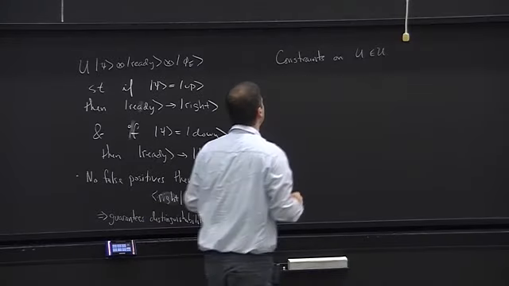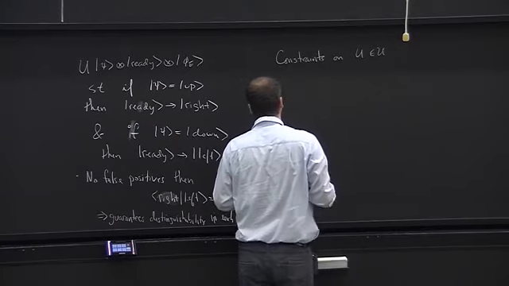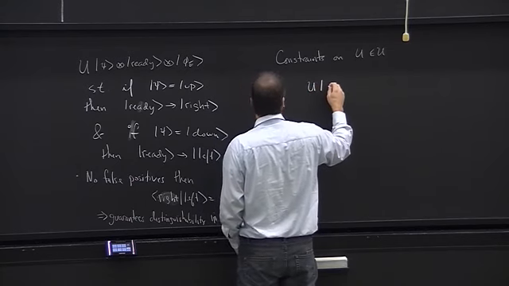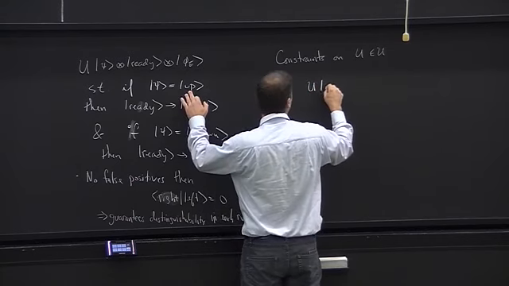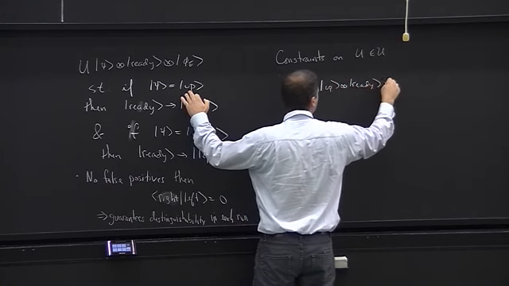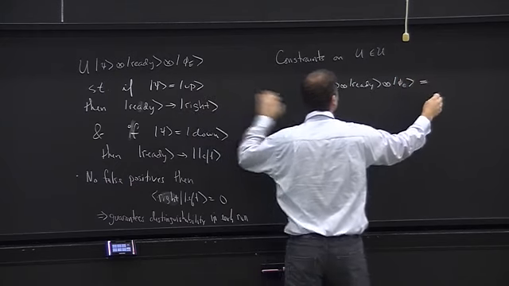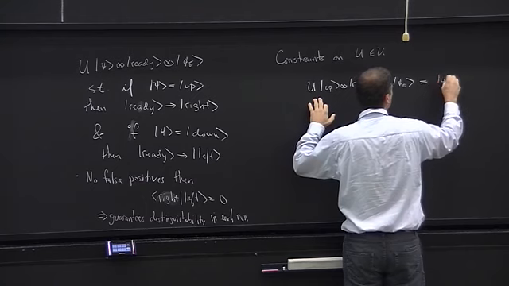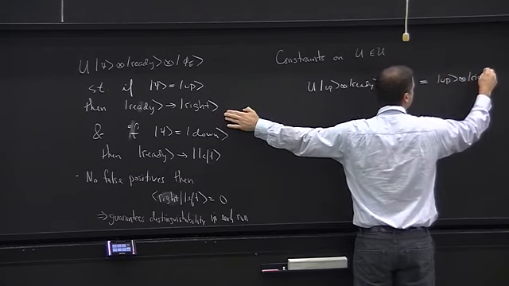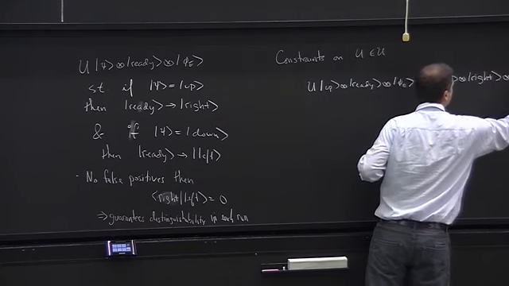Okay. So that means we have U acting on up cross ready cross phi e is equal to up cross right cross phi e prime.